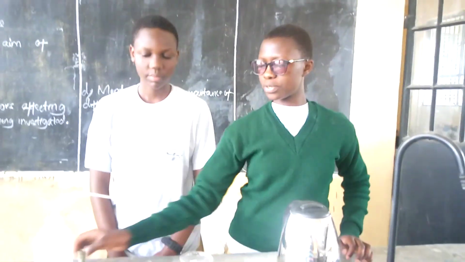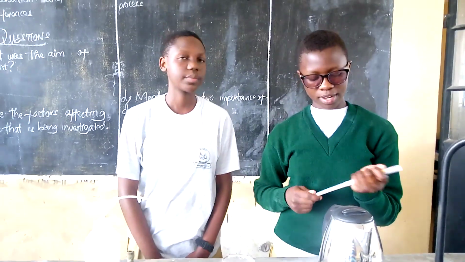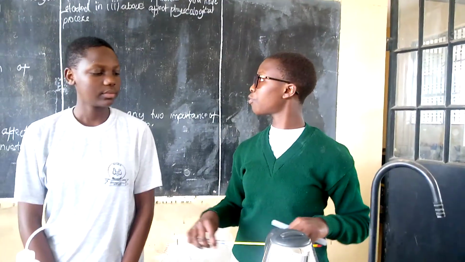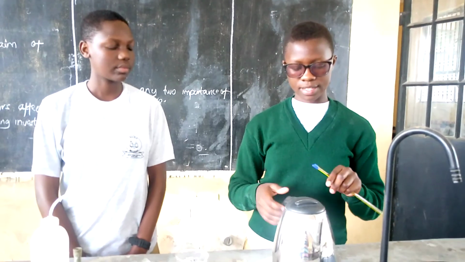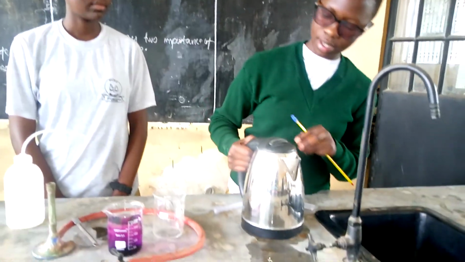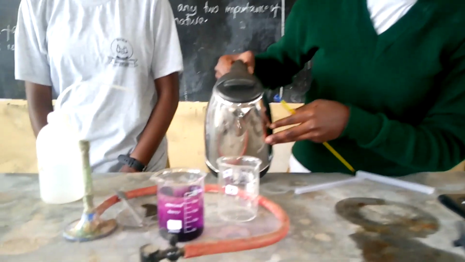So we are going to use the thermometer in order to take water of 90 degrees centigrade. As you can see here, this is hot water.